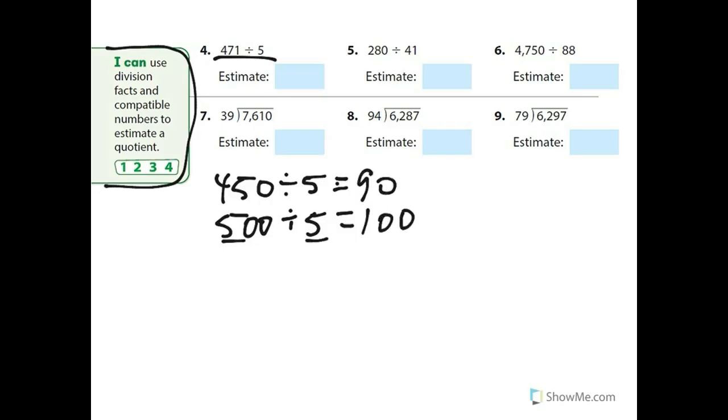Well, I know that 450 is 21 away from 471. 500 is 29 away from 471. Now look, 21 and 29 are pretty close to each other, so I would absolutely accept both of these as reasonable estimates. Now, 500 divided by 5 is not as close as 450 divided by 5, so I'm going to use my 90.